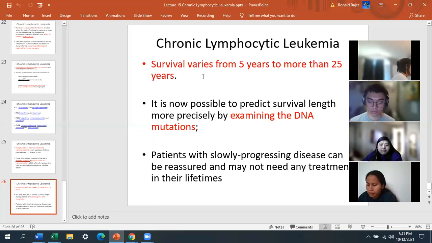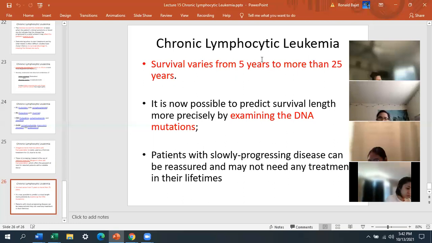Are there any questions? I had one question. What's neoplasm? Neoplasm is like a cancer cell. A neoplasm is starting to become a cancer cell.